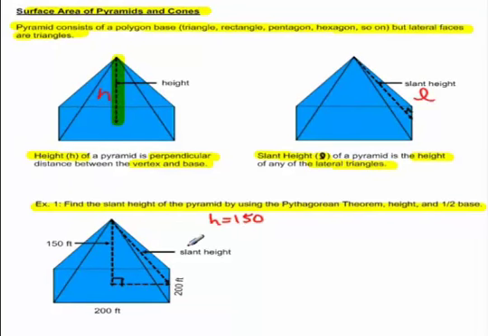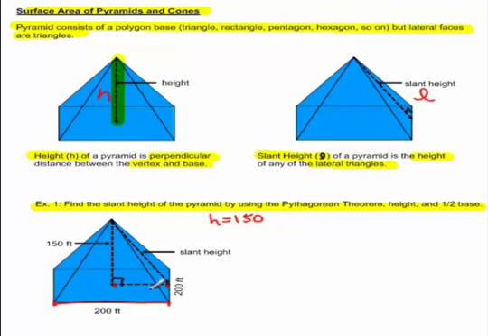The edge of the base is 200. That means this whole distance here is 200. But you can see the right angle that we drew from the perpendicular height over to the slant height, and it makes a right triangle.